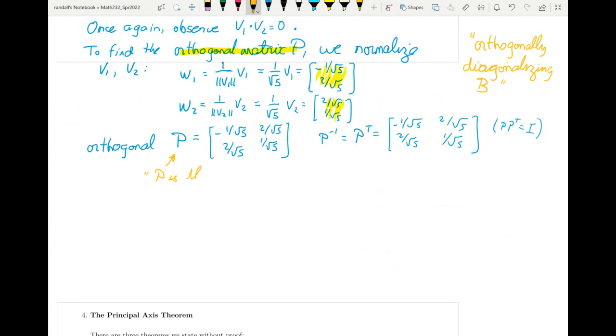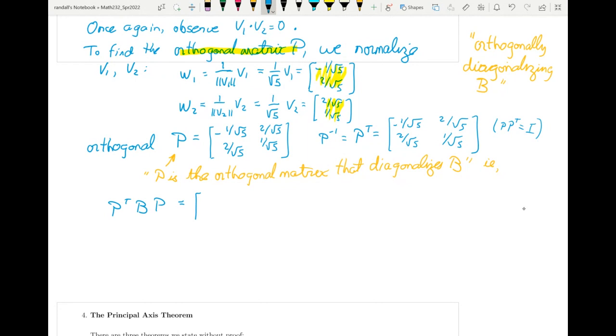P is the orthogonal matrix that diagonalizes B. I.e., what that means, that's an English sentence. What it means in mathematics is PT, B, P will be D.